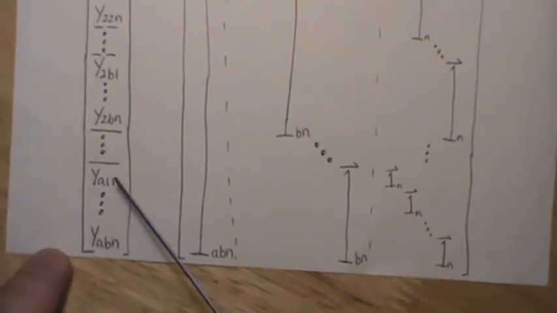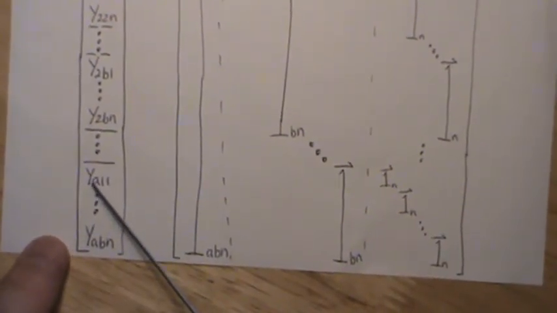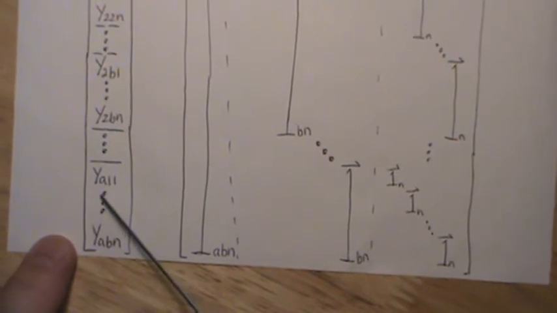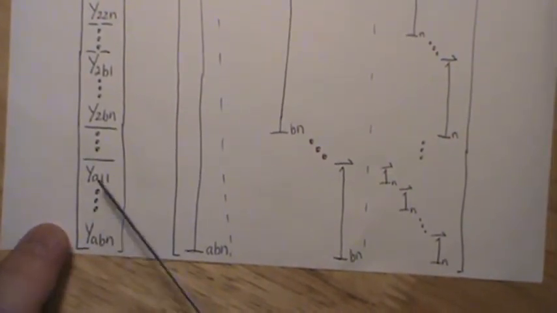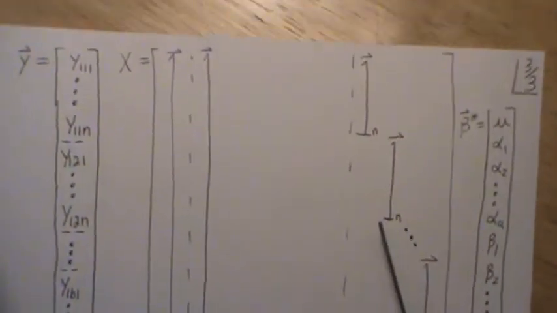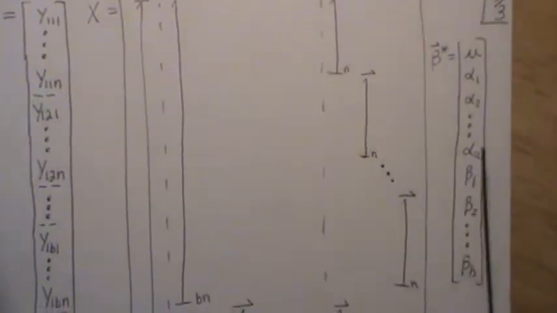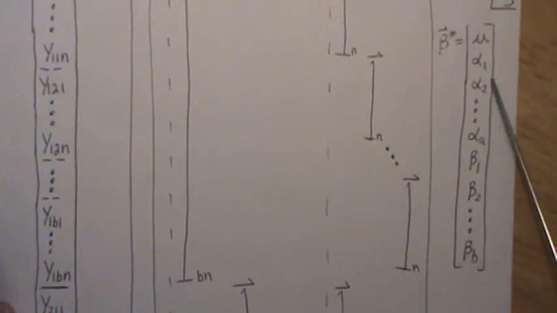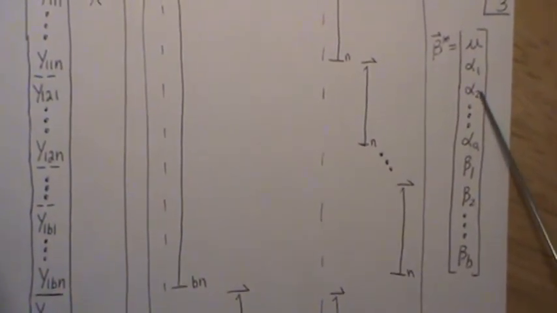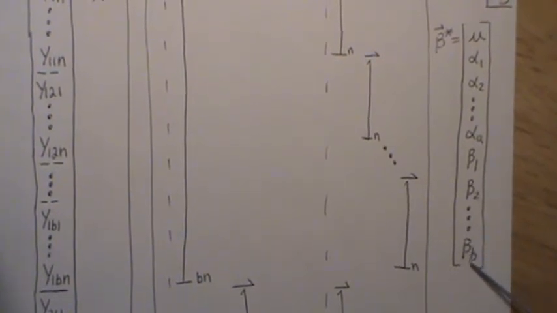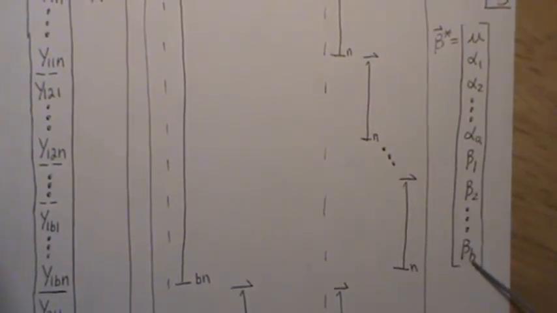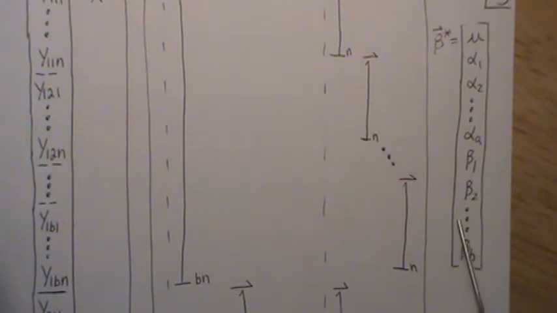And then you just keep going, and then you end up with factor level A, and then it's B, and then it's the replicates. So this is it. And the way we do this though is, here are the beta parameters. So that's mu, alpha 1, alpha 2, all the way to alpha A, beta 1, beta 2, all the way to beta B.